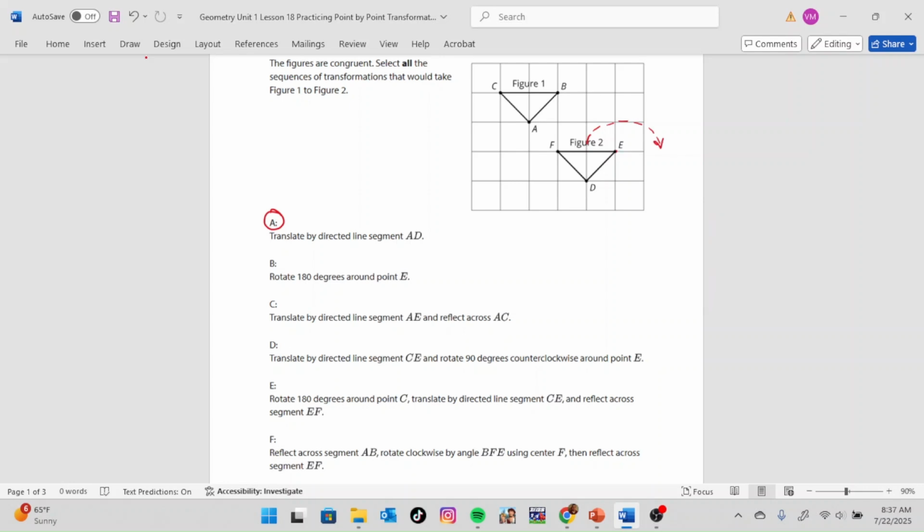And when we do, we're going to get a triangle that is over here to the right. So all we moved was figure 2. So we definitely did not take figure 1 and put it on top of figure 2. So B would be wrong.